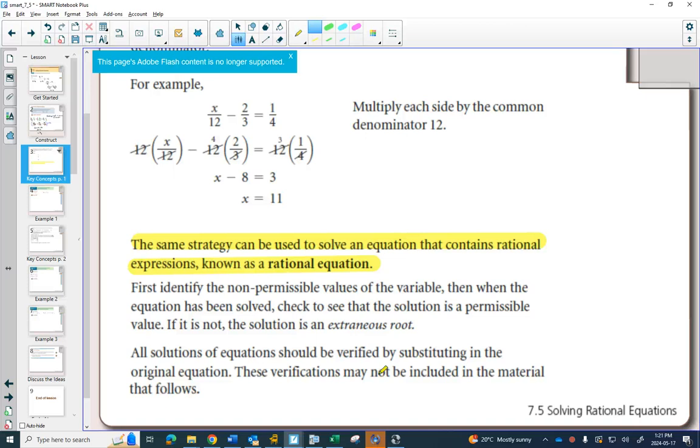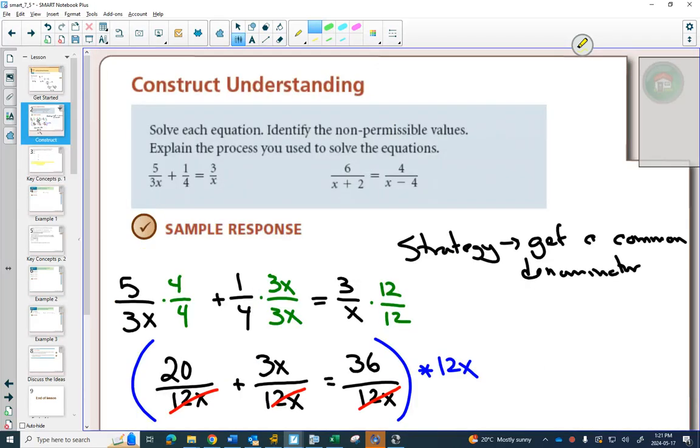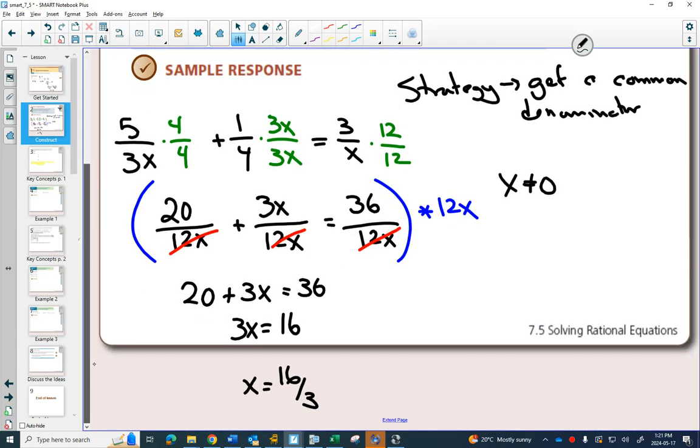One thing you have to do with rational equations is you will have to check for non-permissible values. So in the one that we did, the only non-permissible value, the only x that's on the bottom, is x can't equal 0. Was our answer 0? No. So our answer is okay. But sometimes you get an answer that's one of your non-permissible values. Then you have to cancel it out.